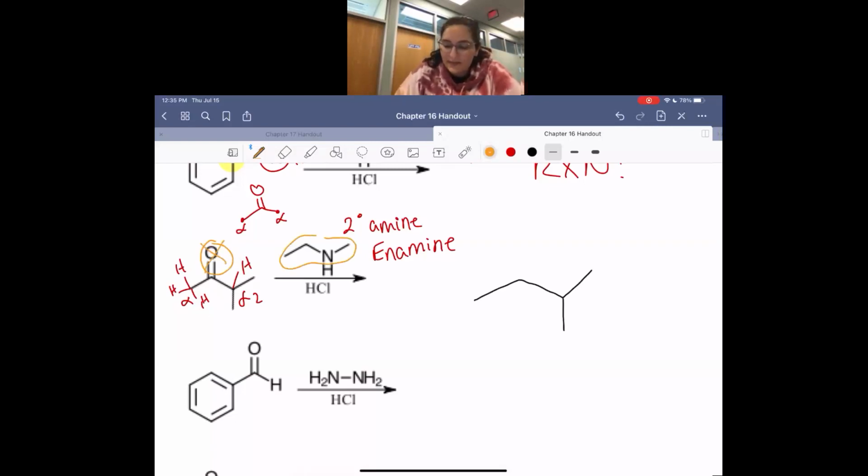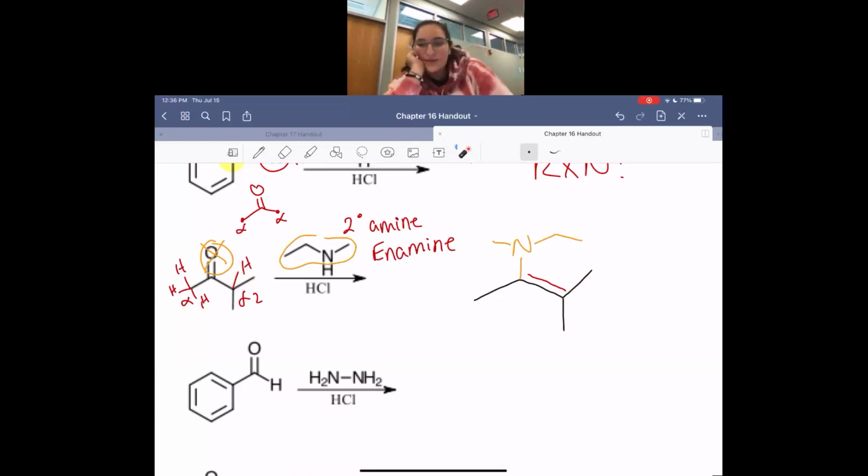It's single bonded, so we get N like this. And we make a double bond. What we were talking about is either the double bond ends up here or it ends up here. And as we can see, this double bond is more stable because it is more highly substituted. It has 1, 2, 3, 4 substituents. So that's why we would steal a hydrogen from alpha 2.